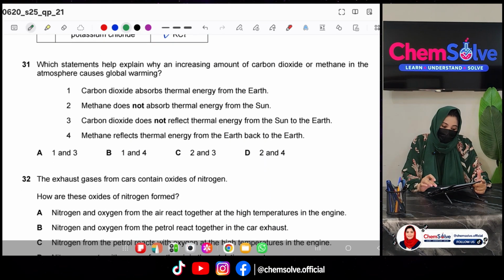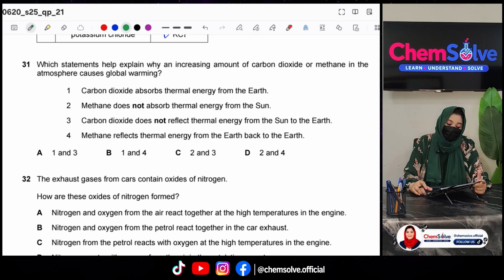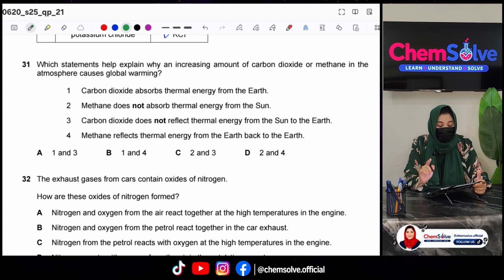Okay. So next is question 31. Which statement helps to explain why an increasing amount of carbon dioxide or methane in the atmosphere causes global warming? Okay. So what happens during global warming?